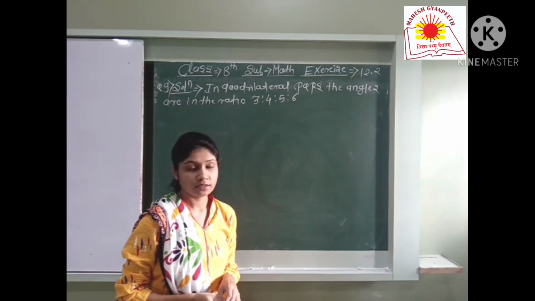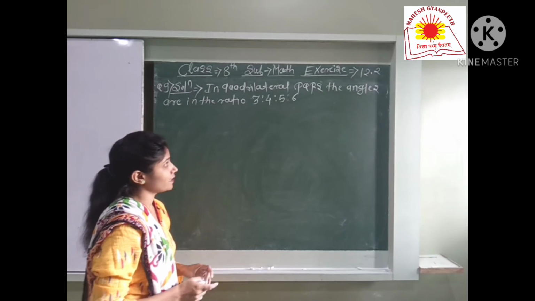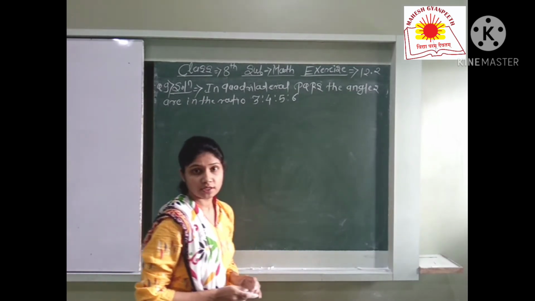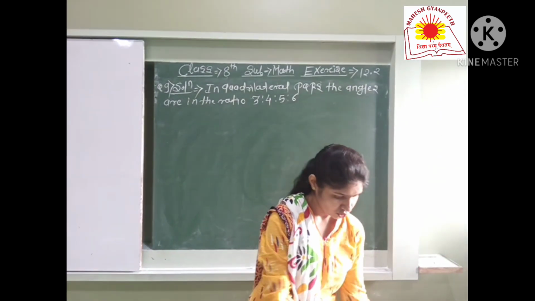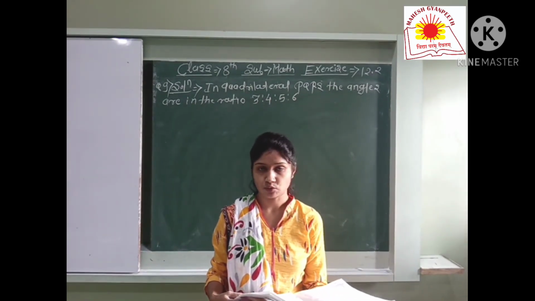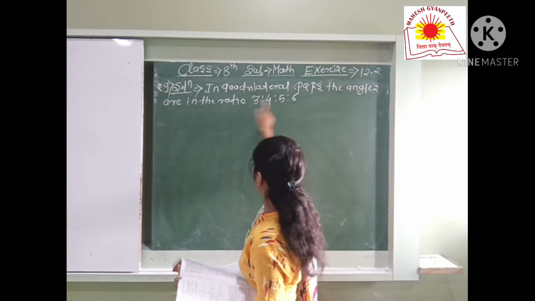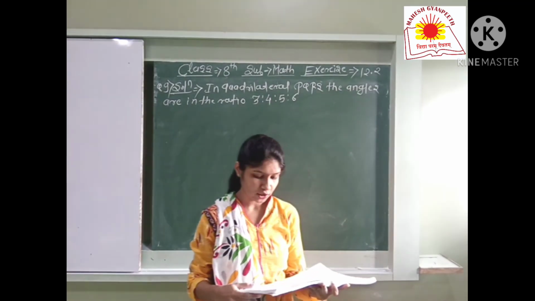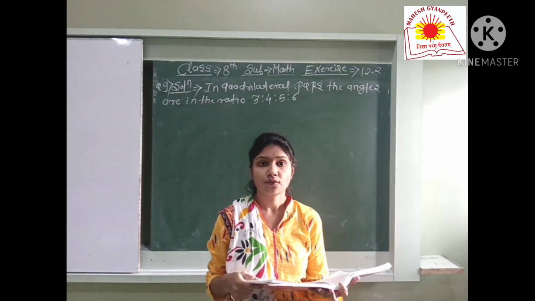Question number 9. In quadrilateral PQRS, the angles are in the ratio 3:4:5:6.